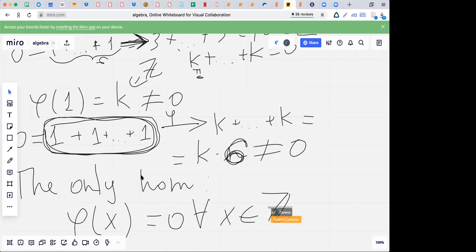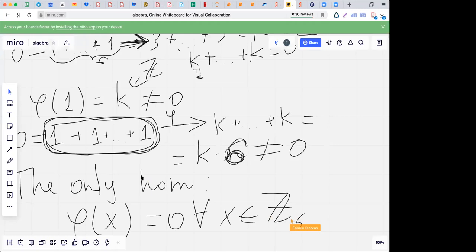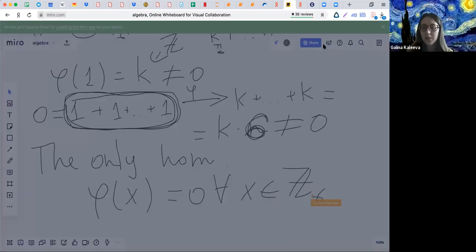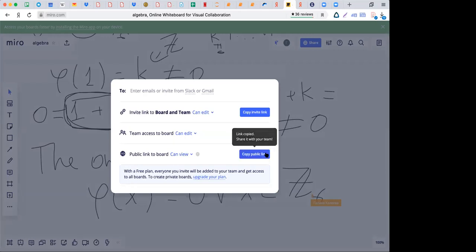Okay. So any questions concerning this point? Can you please share the link of the board? Because I better see the whole picture of the solution. Yeah, I think that I shared it at the top of our chat.